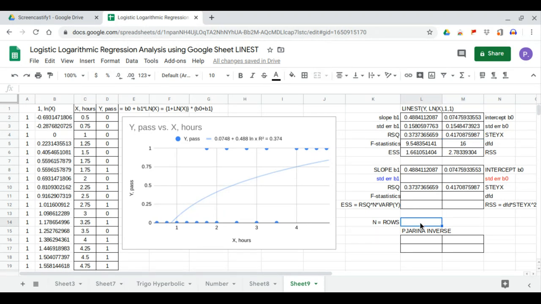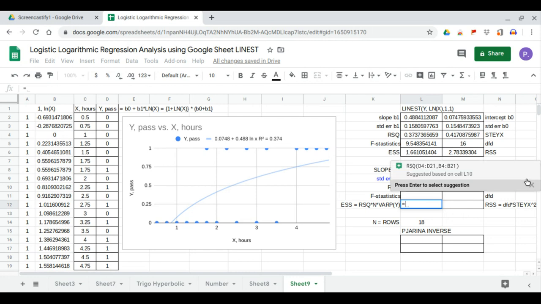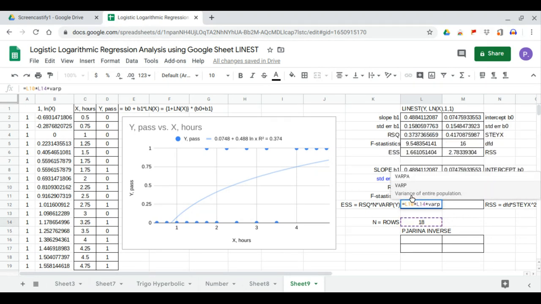Then we calculate the rows, or the population, which is the rows of the dataset range, this area. We have the population of 18. We can now calculate the regression sum of squares, which is equal to RSQ times N times VARP, or variance population, of the Y values, which is 1.661, matches our LINEST output.